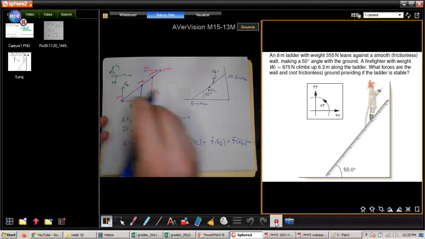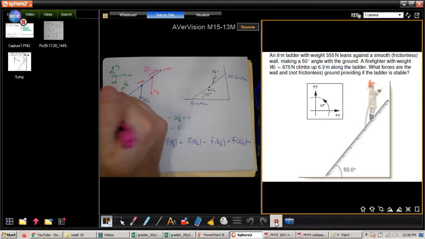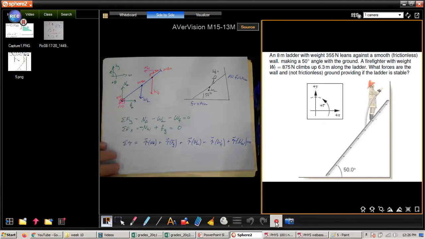So I'm going to put it here nice, bright, and pink. This point at the ground, that's going to be R equals 0. So that means we can go in and say what these torques are.